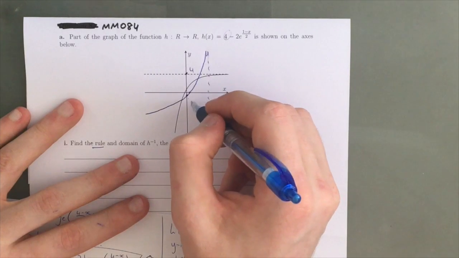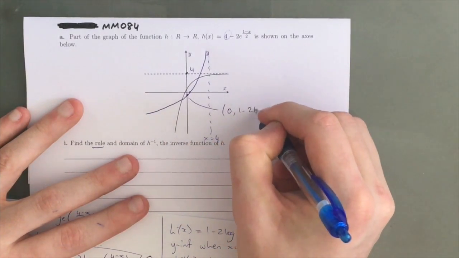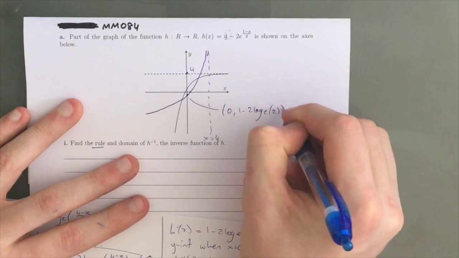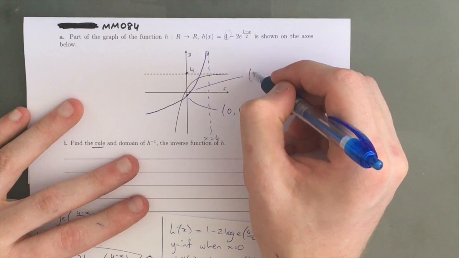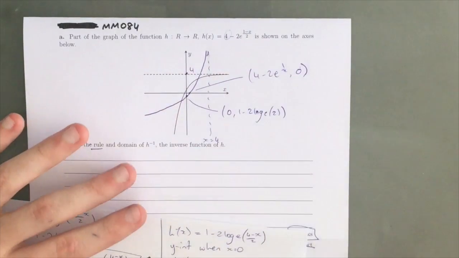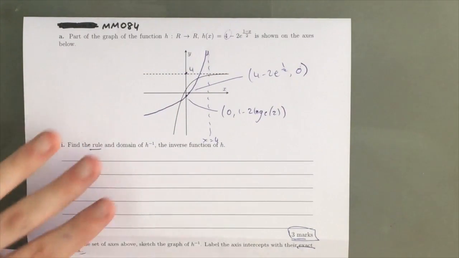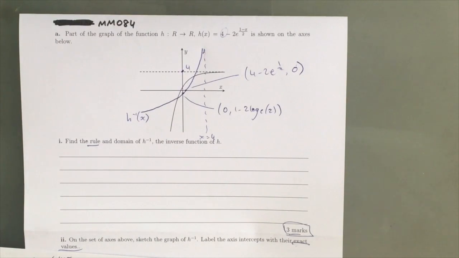So there's not really much room here, but I'll probably just do this. (0, 1 minus 2 log e of 2). And this one here is equal to (4 minus 2e to the power of a half, 0). And that's our inverse function, and you'd probably label that there. And that's it, that's your final answer.